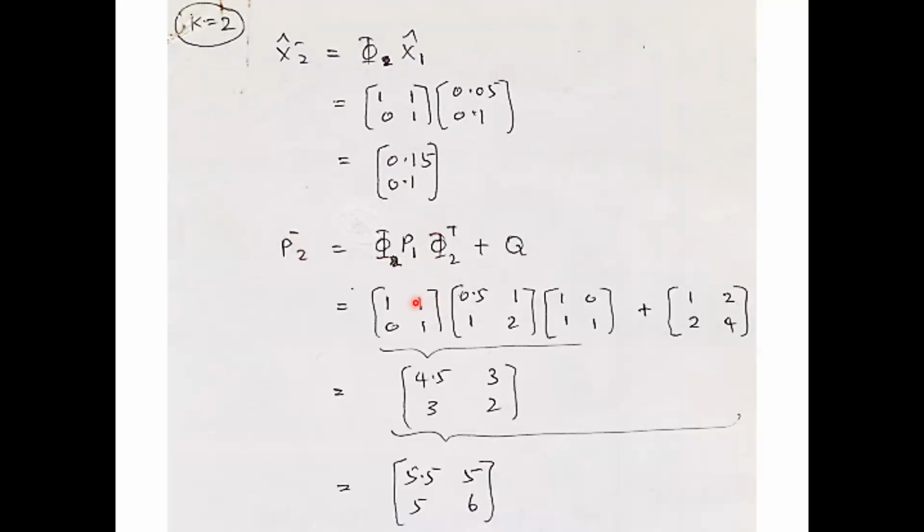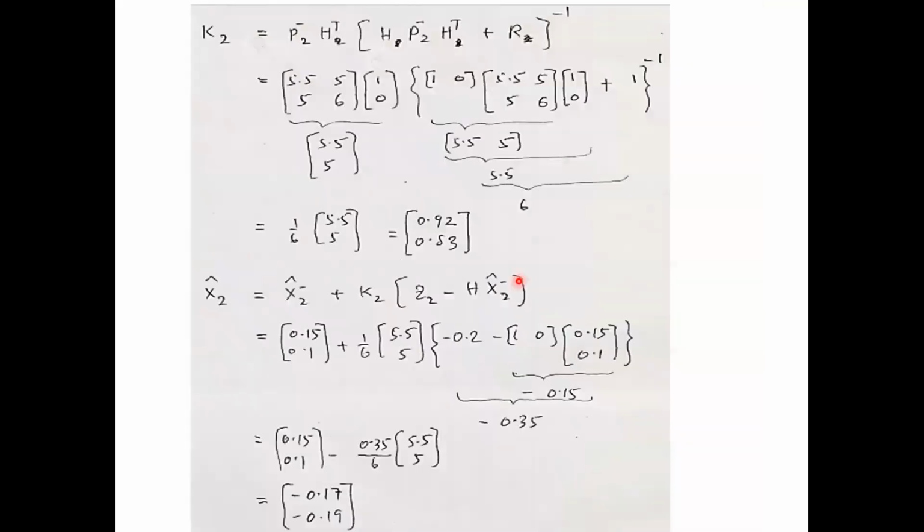This is the equation you substitute for state transition, and then the Q is also known. This is the answer, 5.5, 5, 5, and 6. That is P2 minus. So you can see the predicted error has higher values. But we are going to correct it. This is only the predicted value.